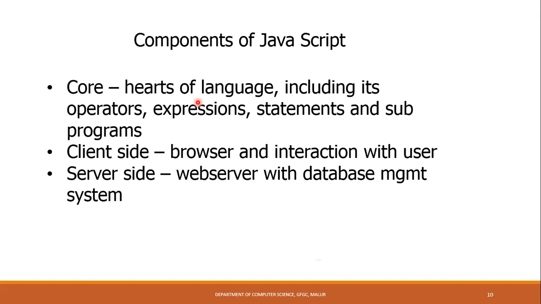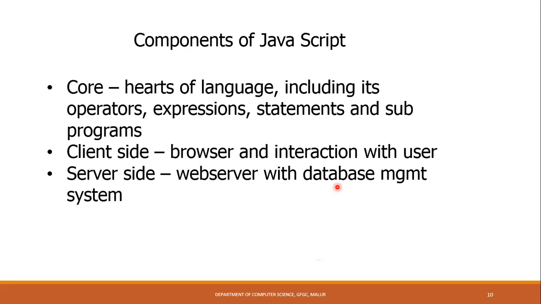Apart from that, you can even execute JavaScript for server side, a server side with database management. Then you need to connect your front end, let it be an HTML. But for a server, you will use any web-page server like Java Servlet, Active Server Pages, or Java Server Pages. These kinds of server pages. Then you can connect to a database, and there also you can use this scripting language.